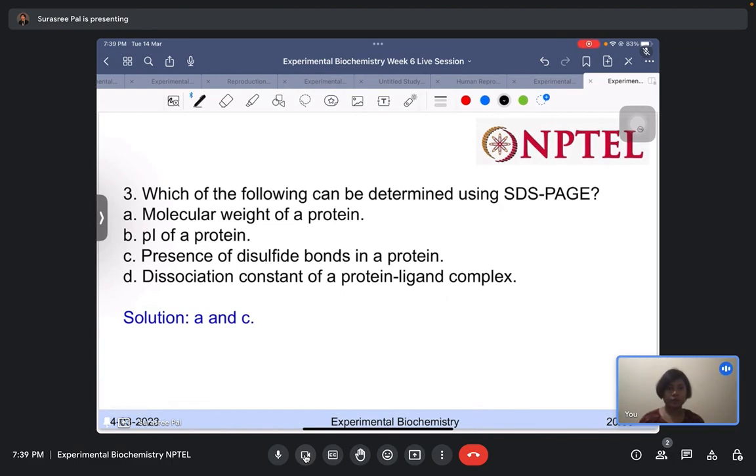So if we run the protein sample in SDS PAGE, it will reduce the disulfide bonds, so if there are two chains of a protein which are linked by disulfide linkages and they are of different molecular weight, we will be able to see the two chains on the SDS PAGE, which is very similar to what we just had shown for the IgG molecule.